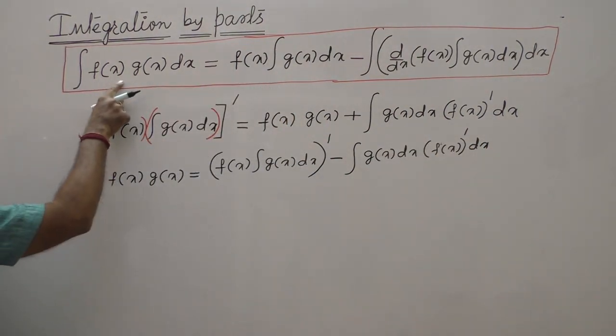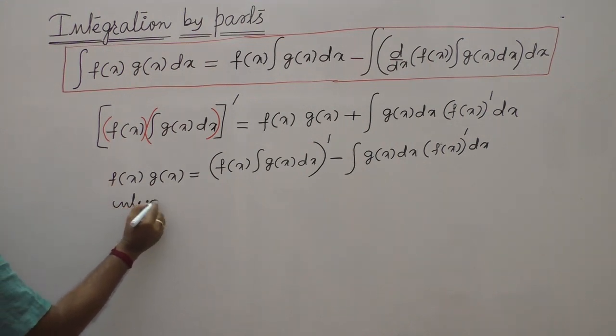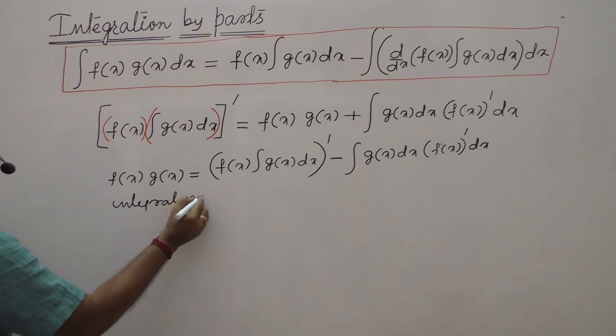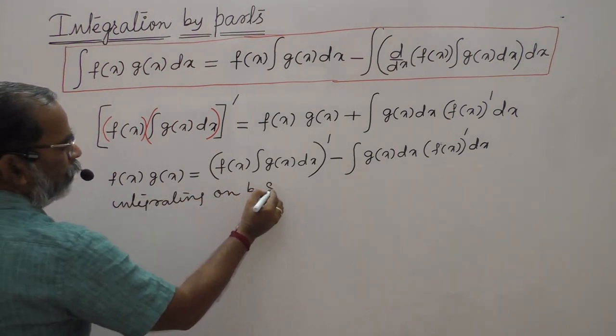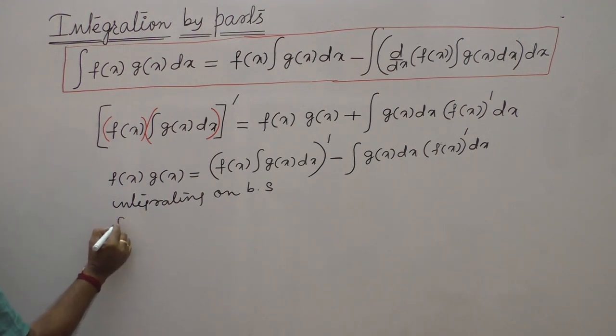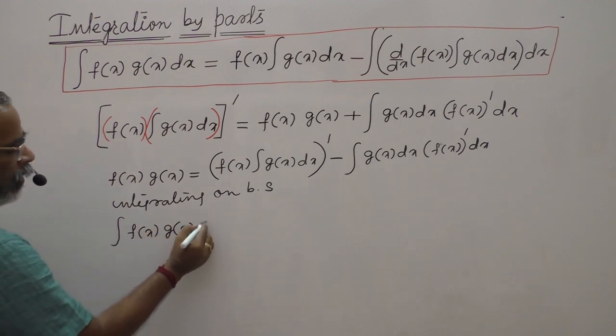Now to get this formula, I will integrate this. Integrating on both sides, of course with respect to x. If I integrate this, I will be getting integral f of x into g of x dx.